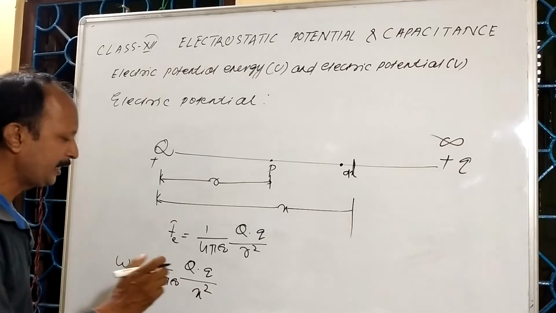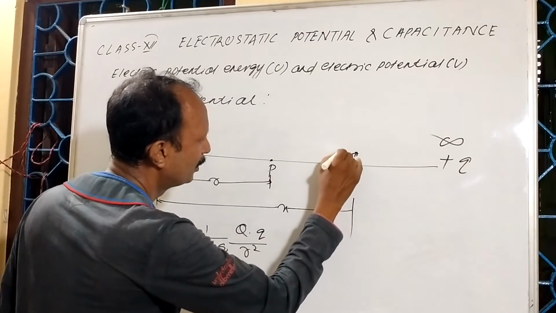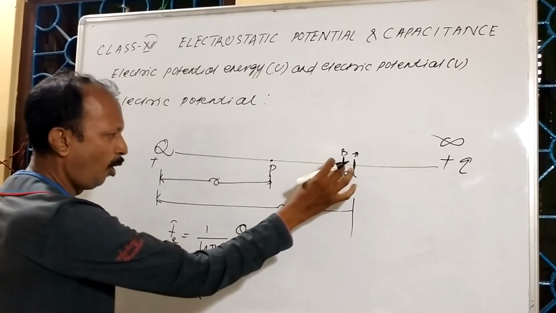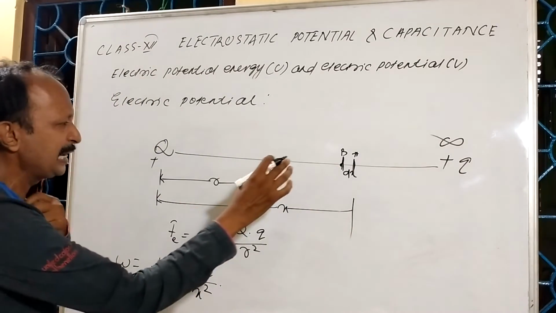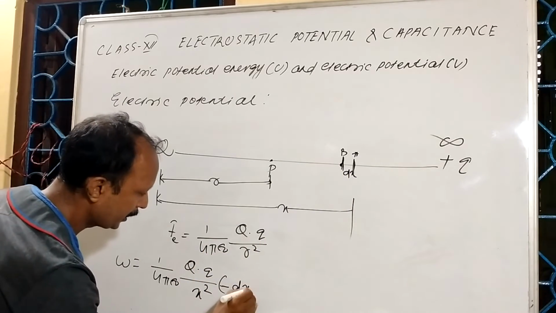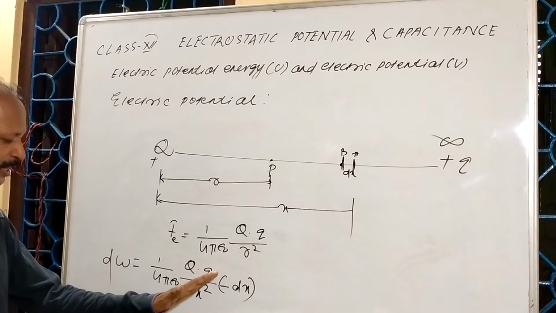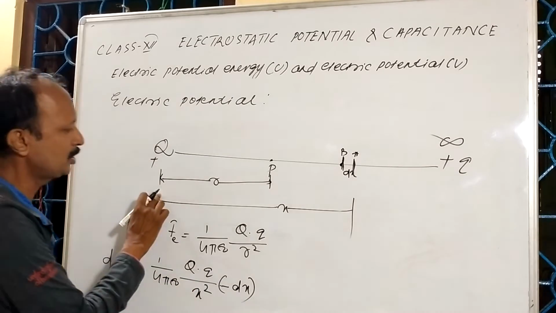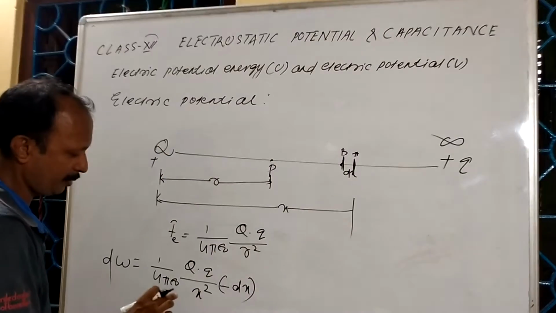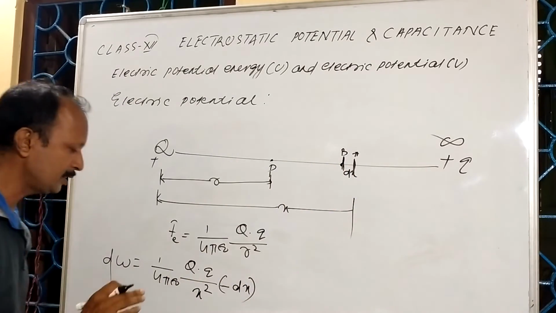This is force into displacement. Suppose I moved it from this point A to B. So the small distance is equal to dx. I am bringing it this side, that's why I am writing minus dx. So the very small work done is equal to 1 upon 4 pi epsilon naught, Q into q by x square, into minus dx, because I am coming back this side.